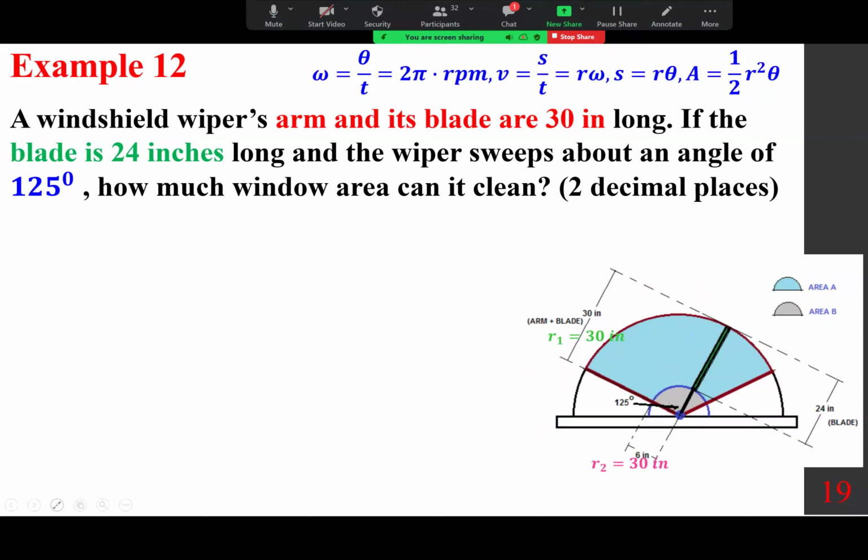R sub 2 actually, it's really that. It's 6 inches long. I hope everybody can see why.